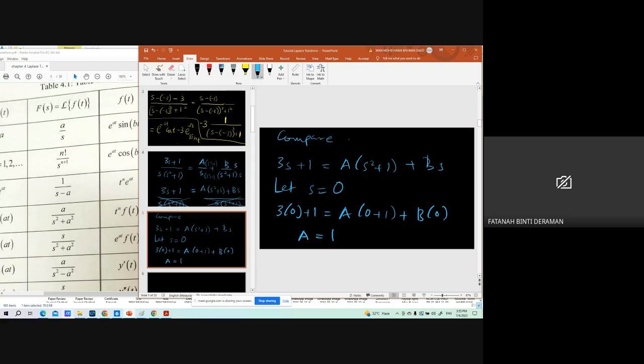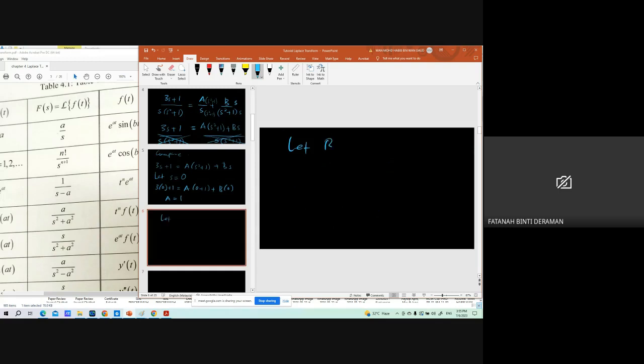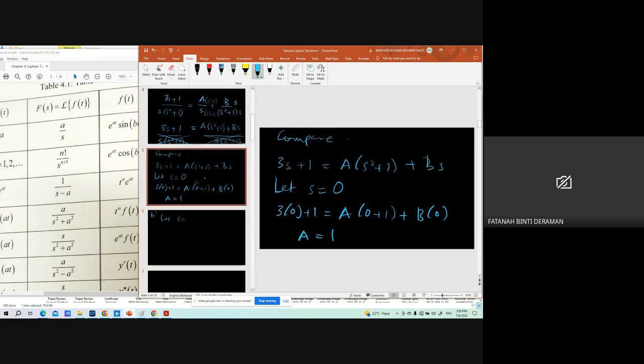Okay, boleh? So b pula. So let b equals to untuk cari b, lebih mudah to find b. Okay, to find b, so s can be 0 tak? S ni boleh lah, tapi still boleh cari sebenarnya. It's okay. So dia tak akan dapat negative because s will be square here.